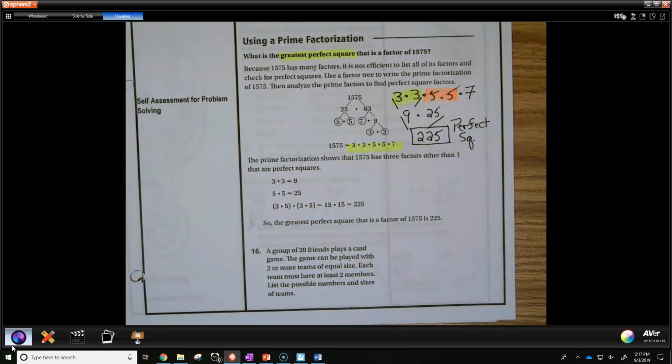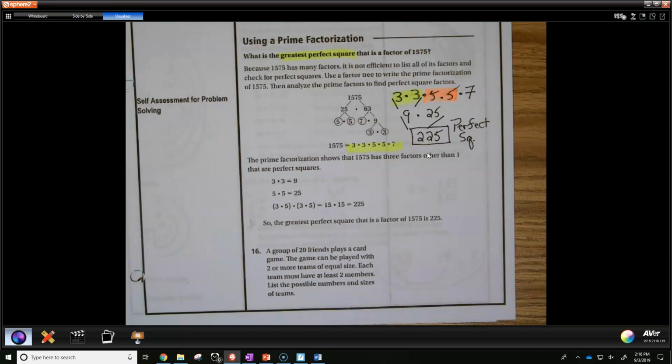You will have to do this today. There's 2 questions with this. So, once again, you take your number and you do what we've been doing. You make a factor tree and you break it all the way down till you get to prime factors. Then you look at your numbers. 3, 3, 5, 5, 7.